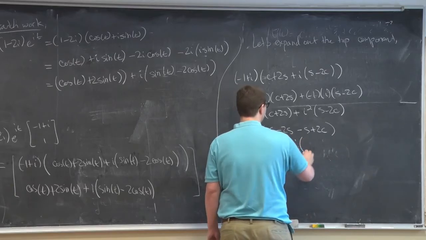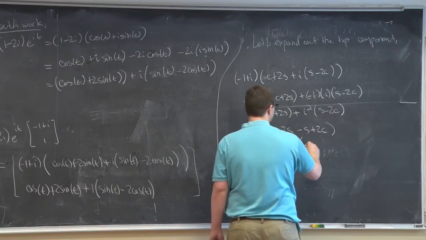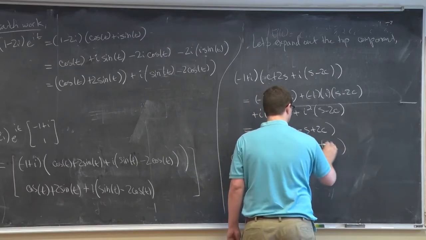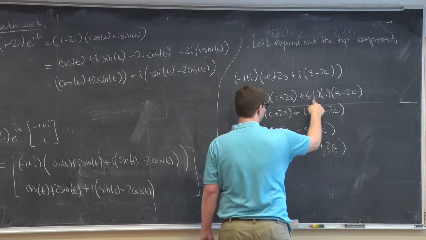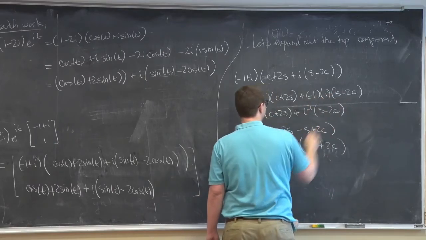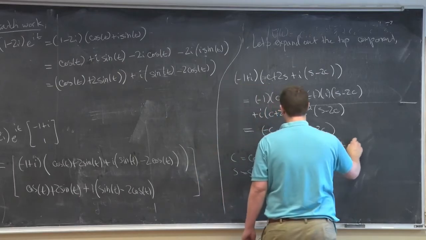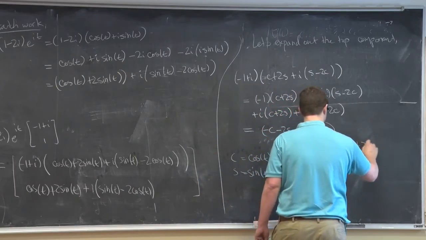Plus i times, and then we have this one, minus S plus 2C. So this minus is plus. And then we have this term here, plus C plus 2S.